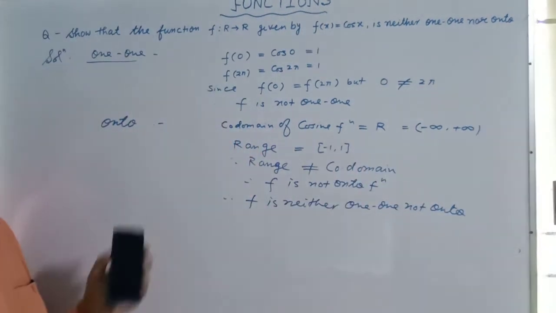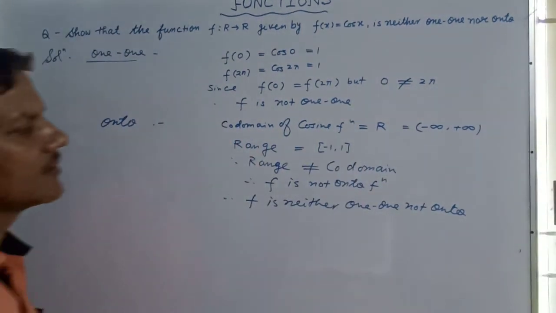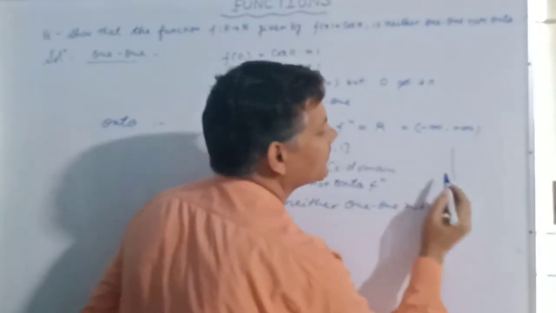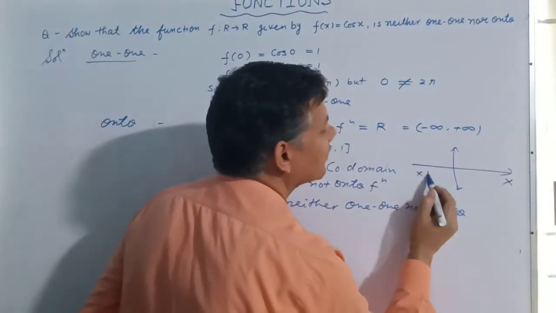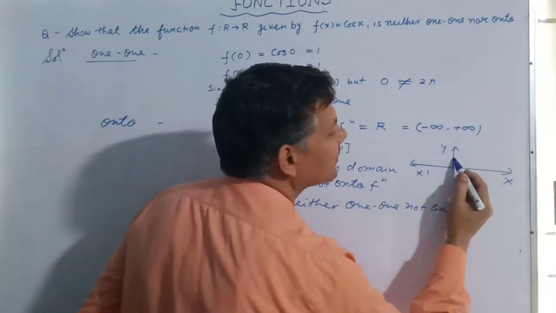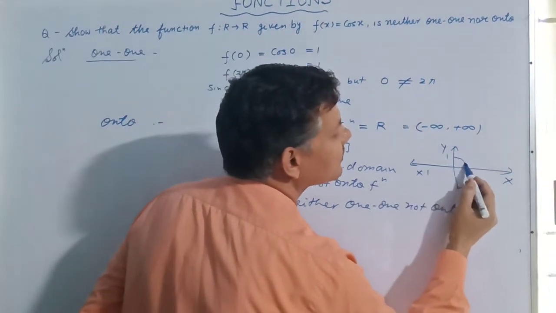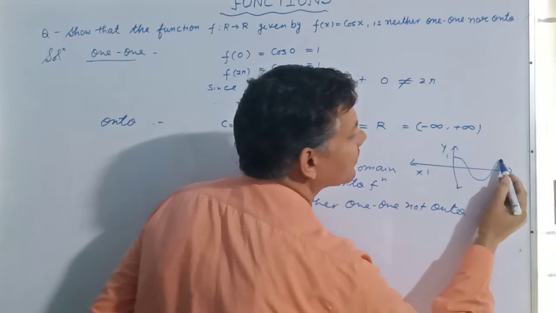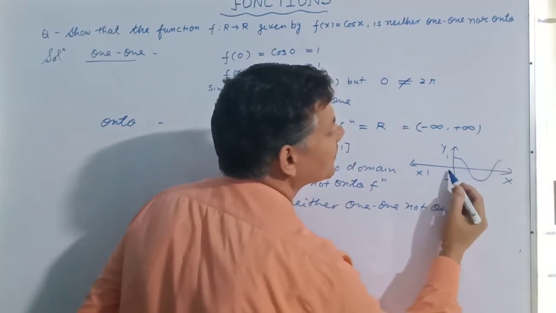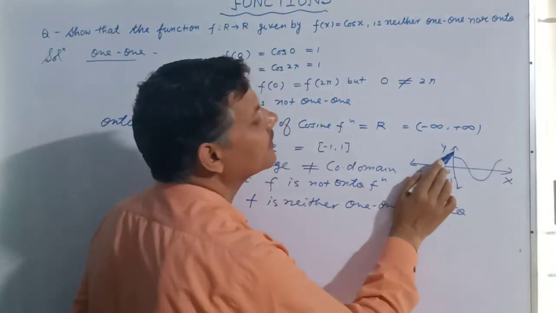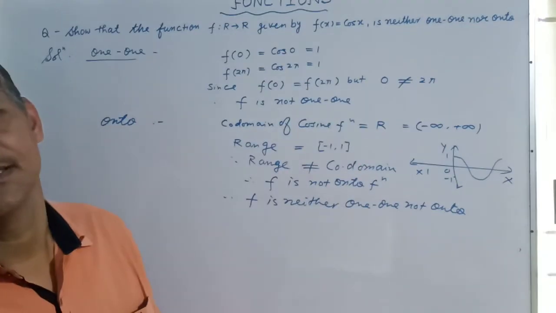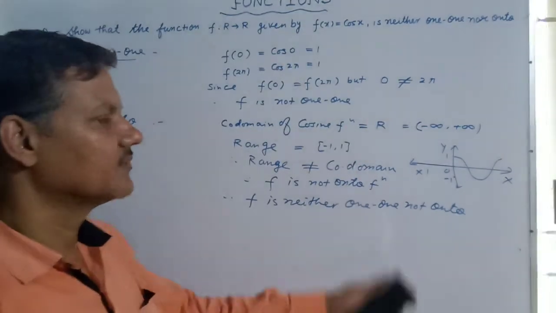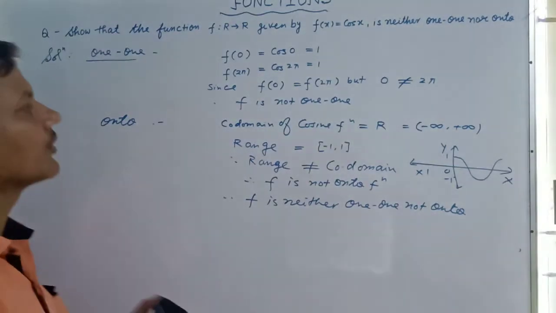This is about this function which is cosine. At the same time, we may use the graph of this function if required. Then we can say it is 1, so 0, this is minus 1. Since for negative real numbers of its codomain there do not exist pre-images, that's why the function is not onto.